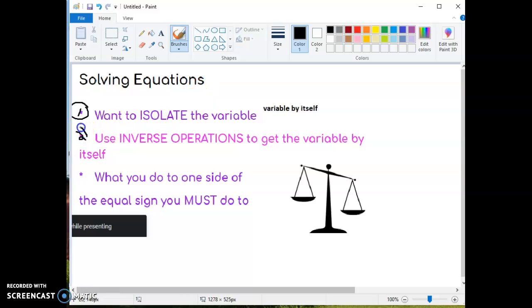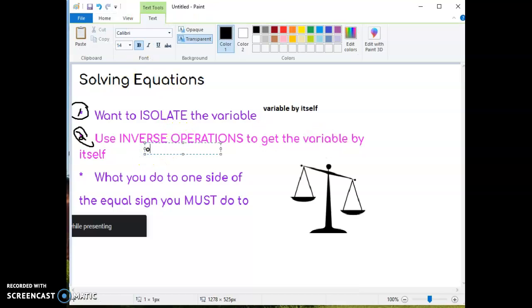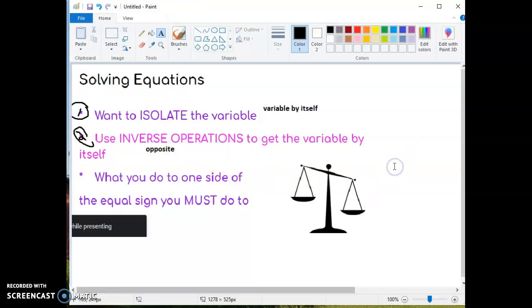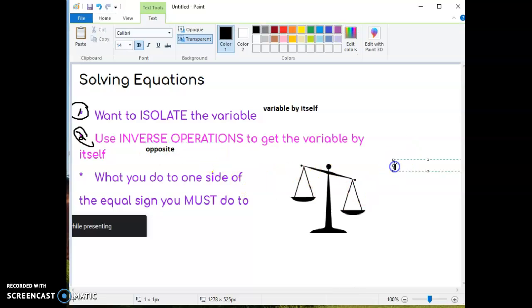Two, we want to use the inverse operation to get the variable by itself. So what it means is we're going to do the opposite, okay? So if we have addition, the inverse operation is subtraction.